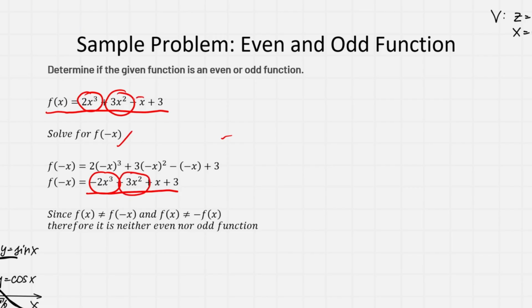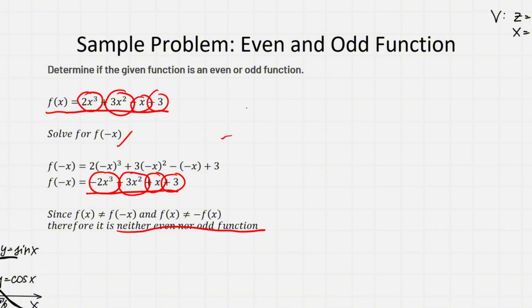We have negative here, we have positive here, and we have positive here and also positive here. So not all terms change their sign, except for the 3, right? So therefore, the condition for an odd function is not satisfied. If both conditions are not satisfied, it is neither an even nor an odd function, right?